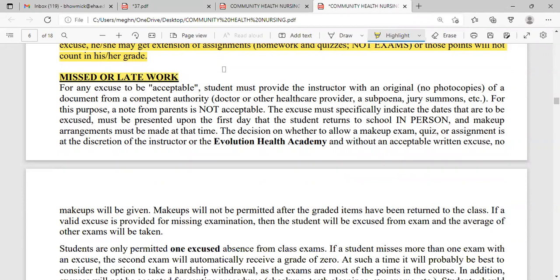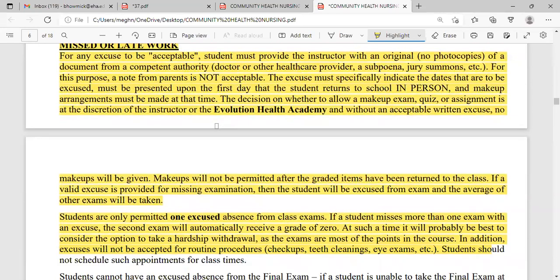So if you missed anything or any kind of late work, what could we do? For any excuse to be acceptable, the student must provide the instructor with an original of a document from competent authorities.